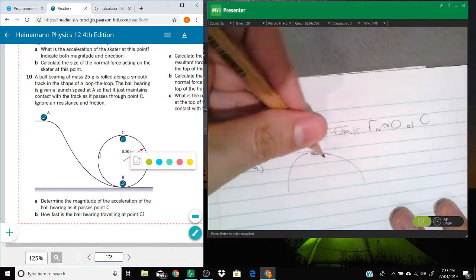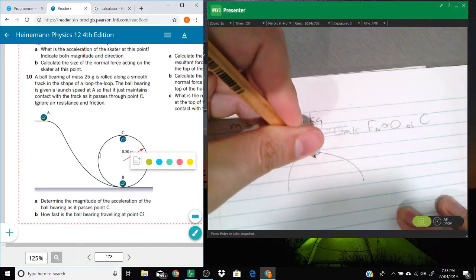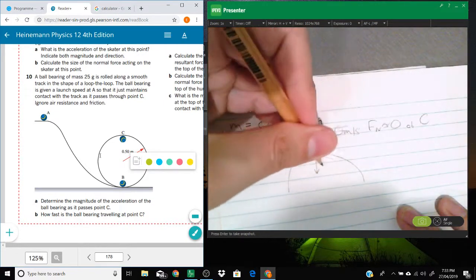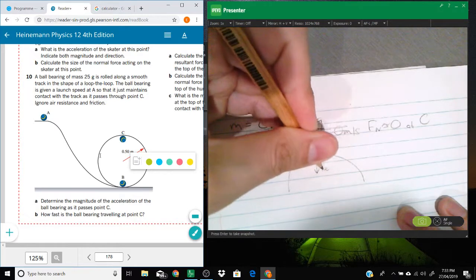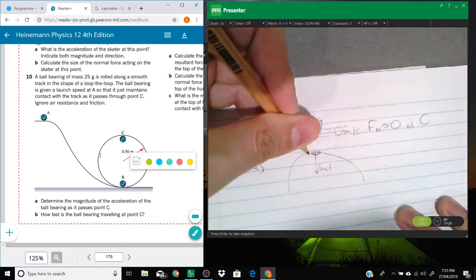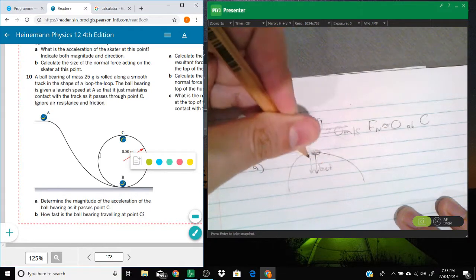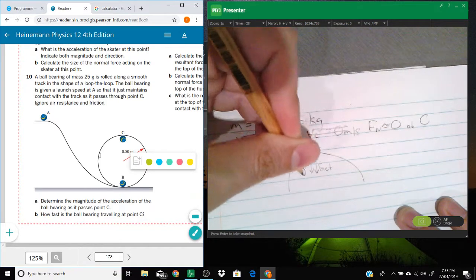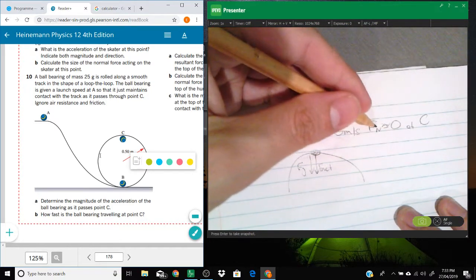Let's have a look. Think of the forces. All right. So you have your net force down that way. Now that's basically just going to be given by the weight force because Fn is approximately 0.